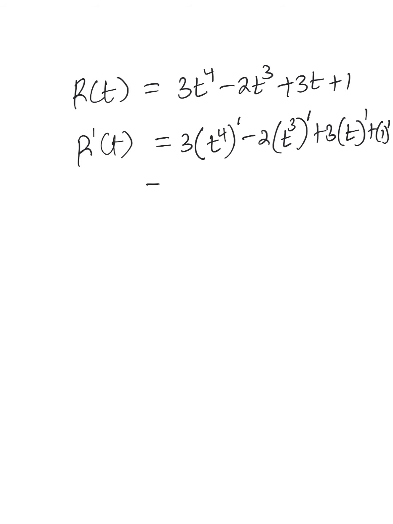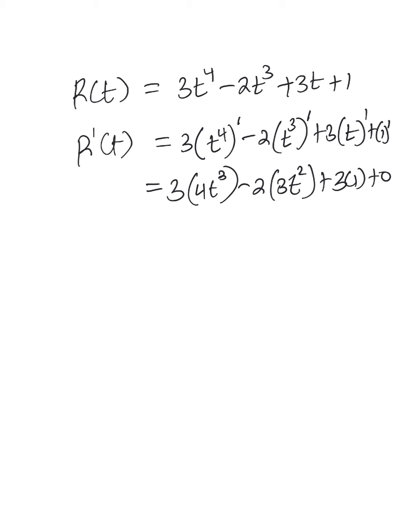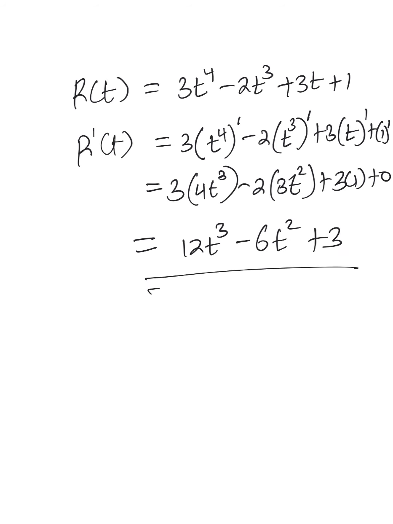This is going to be 3 times 4t cubed minus 2 times 3t squared plus 3 times 1, then plus 0. So your answer is 12t cubed minus 6t squared plus 3. Okay, and you are done.